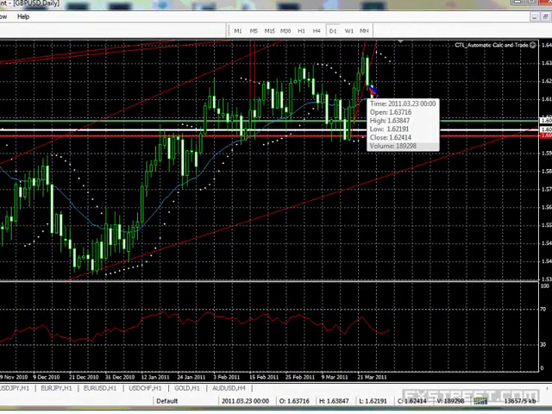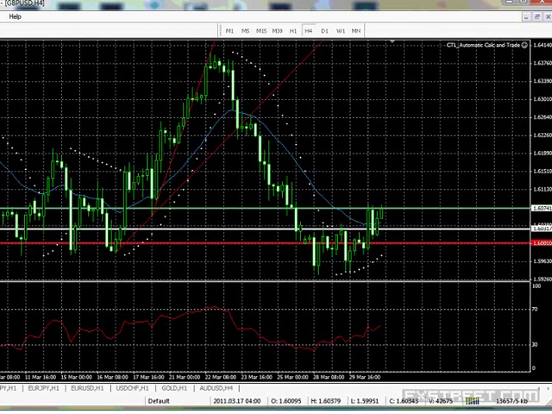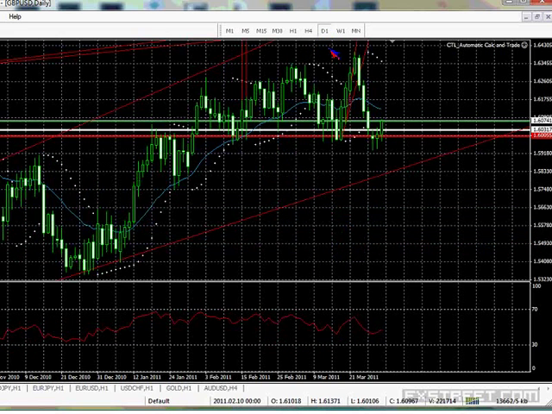I said, to me, this action was pretty negative. It looks done. I was talking about stop hunts under this triple bottom. It took out these lows, cleaned out a lot of stops, not only from this triple bottom but also these lows, and we're beginning to rebound here. So that call was correct too.